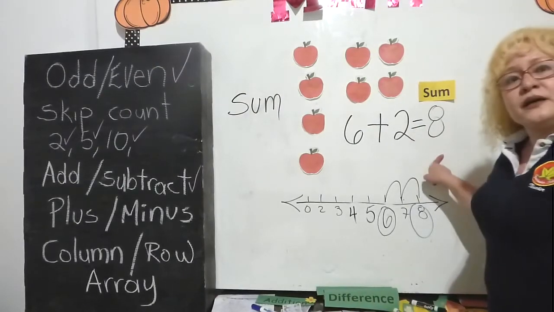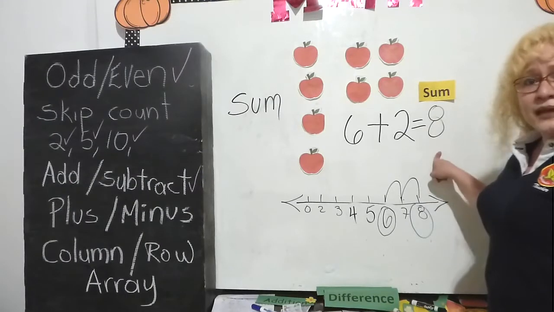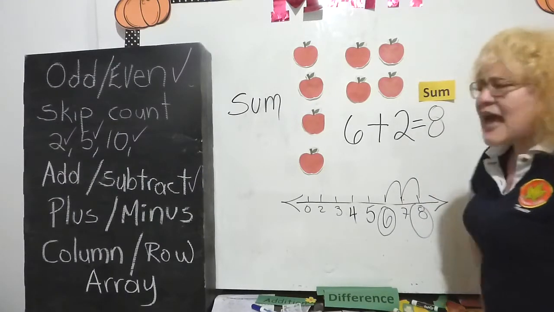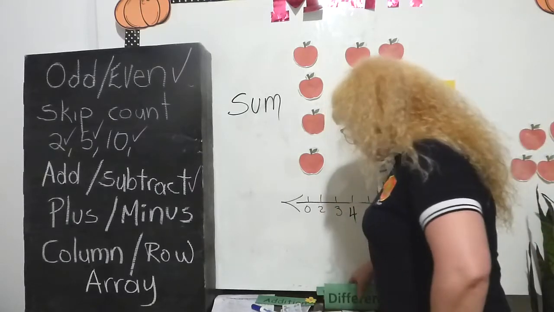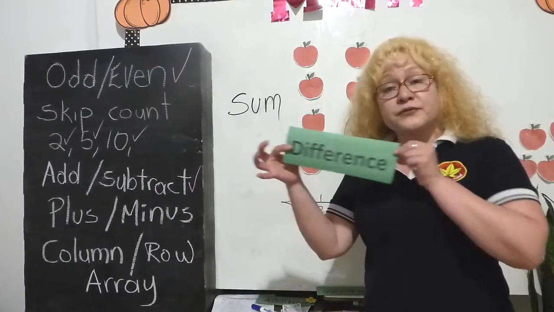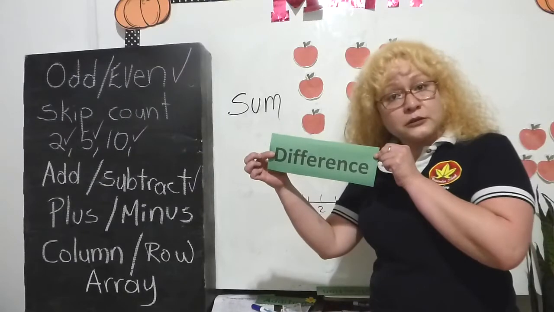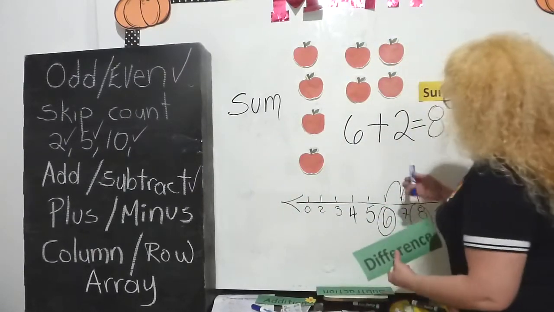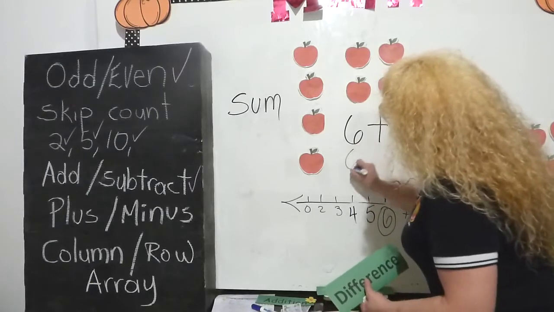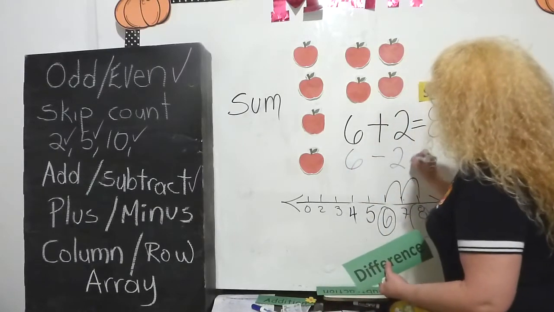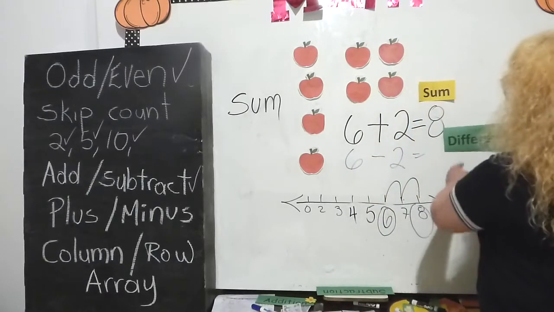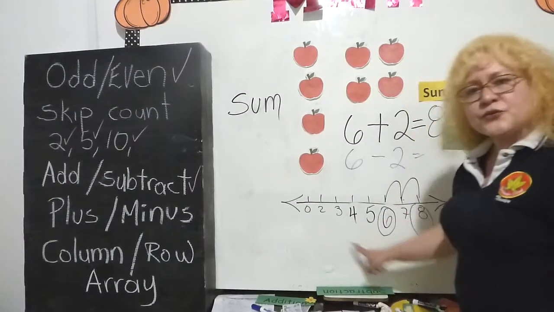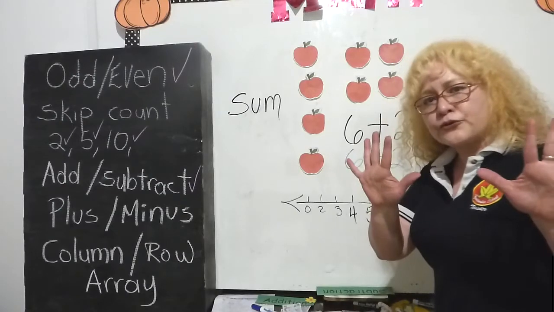So the answer of the addition is sum. And the answer of the subtraction? The answer of the subtraction is called difference. Yes. Okay, let's do it like this. 6 minus 2 equals, and the difference would be, you want to use the number line or you want to use the fingers?